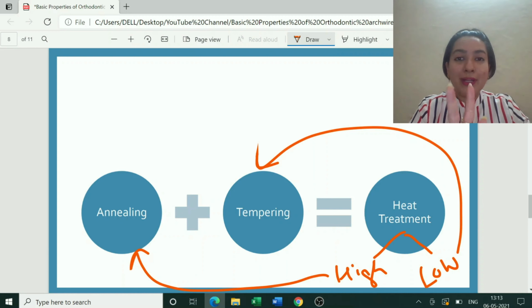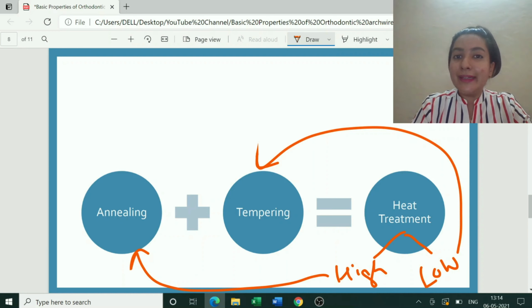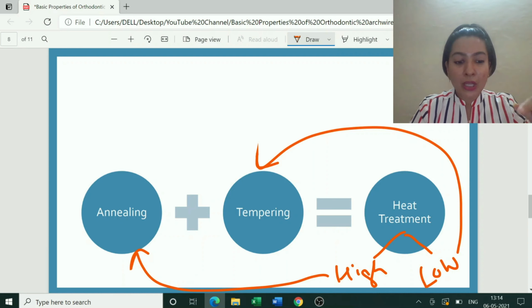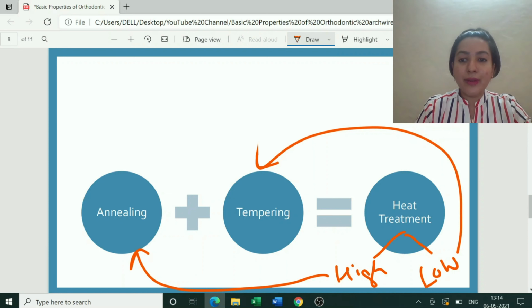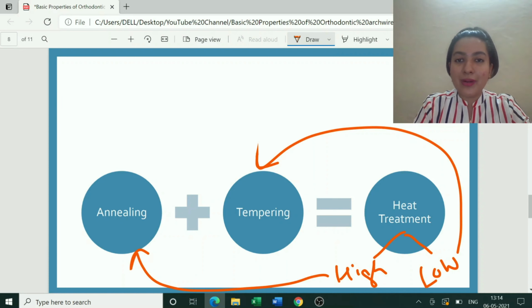So there are two broad categories we have done in this lecture series. One is joinability and the second is heat treatment. Joinability we saw in depth, consists of soldering and welding. Now let us see heat treatment. It consists of what? Annealing and tempering. So broader statement, heat treatment, two types, high heat, low heat. High heat treatment is known as annealing, low heat treatment is known as tempering.